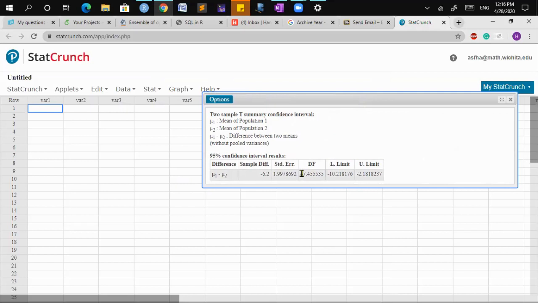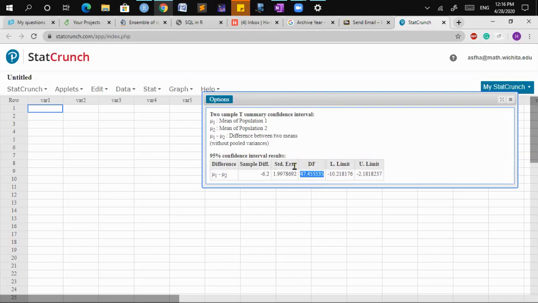Now, if you look at the degrees of freedom, as you can see, it's not an integer now. We always had integer degrees of freedom, but now it's not anymore because of the calculation. We had 27 and 27, which is 54, but as you can see, the degrees of freedom is 47. It's not 54 minus 1, minus 2, or minus 3, it's this number.